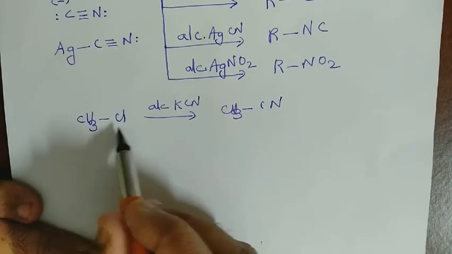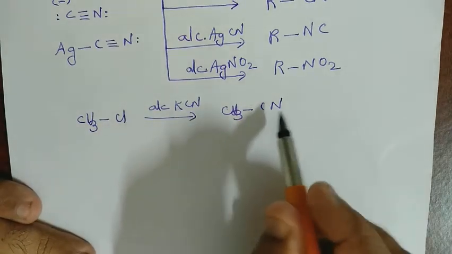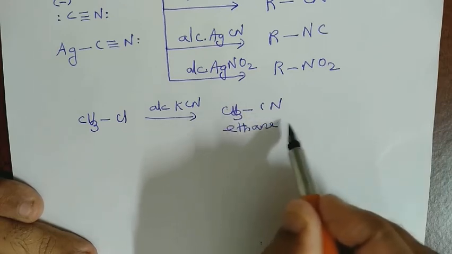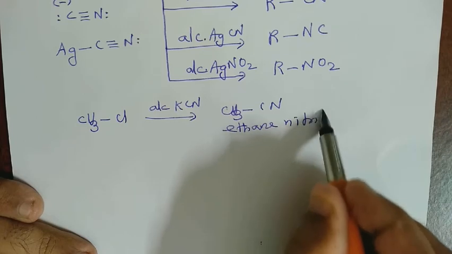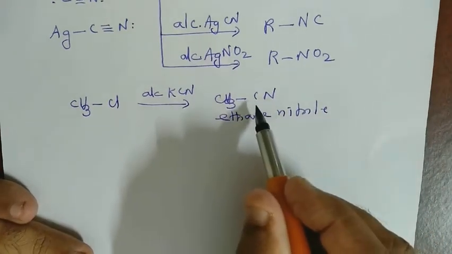IUPAC name of the reactant is chloromethane. This compound is named as ethane nitrile in the IUPAC system. There are 2 carbon atoms in the longest chain. Its common name is methyl cyanide.